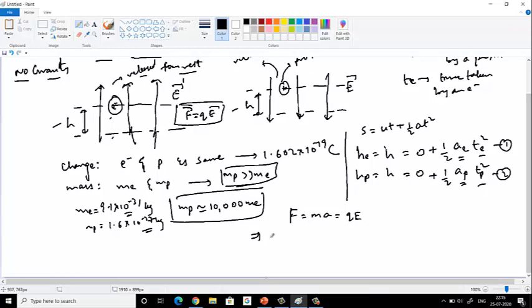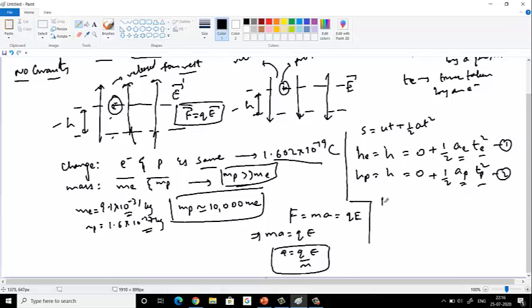So mass into acceleration is equal to QE. Acceleration is equal to QE by M. For an electron, in place of Q I put e, and for a proton I put the charge of the proton. But the charge for proton and electron is the same, so let me just use e for both. Doesn't matter, we just care about the magnitude here.